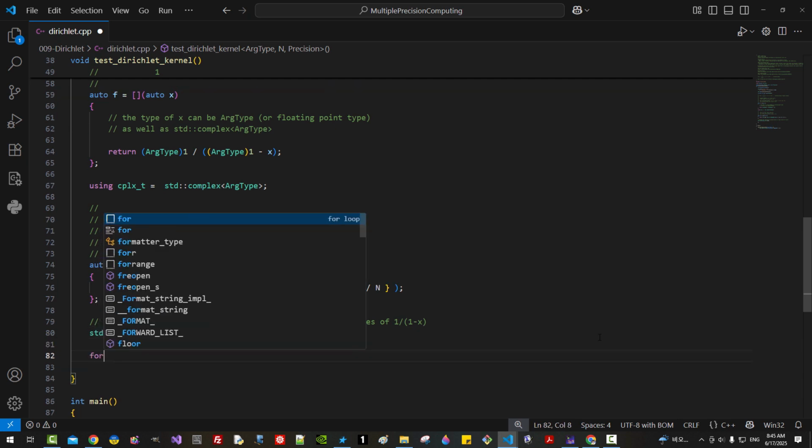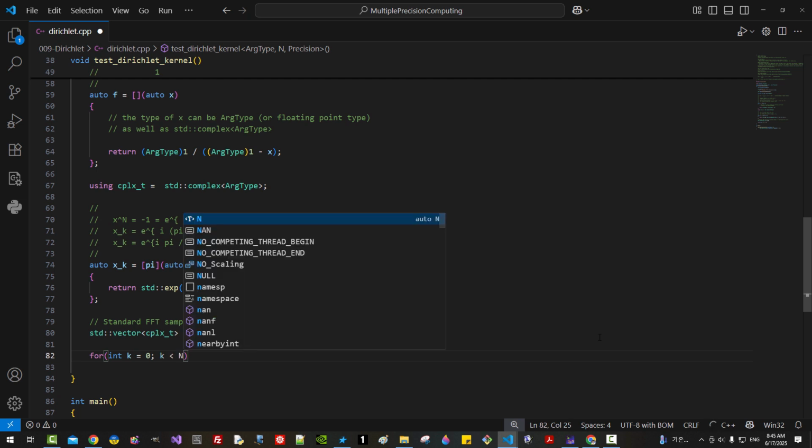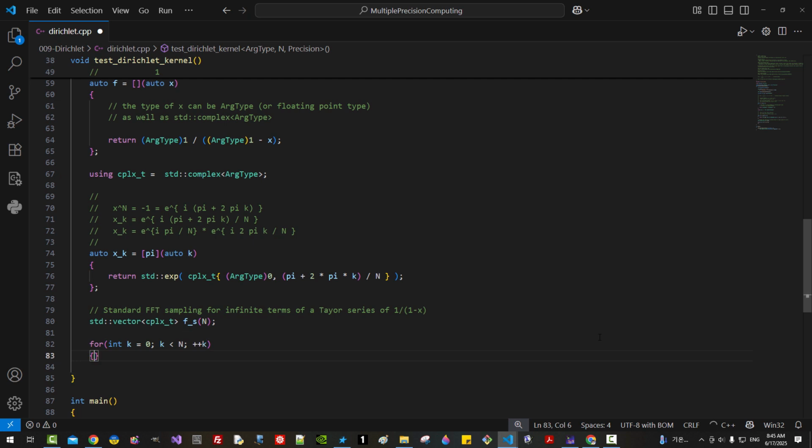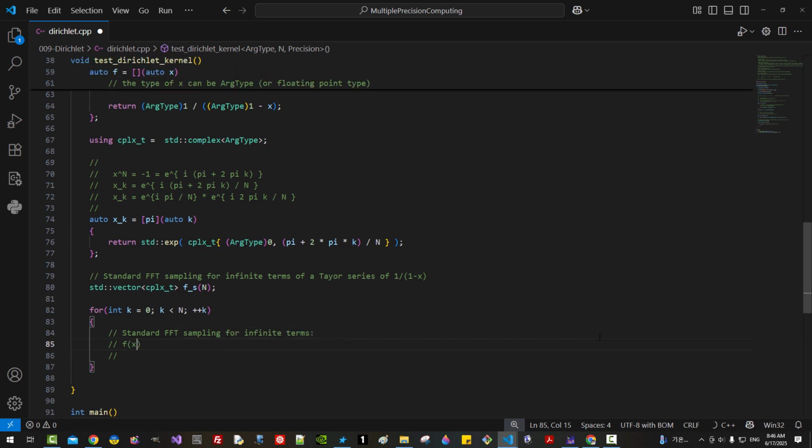Now, for int k equals 0, k less than n, plus plus k, standard FFT sampling for infinite terms. That is, fx equals 1 over 1 minus x equals 1 plus x plus x to the second power, infinite terms.